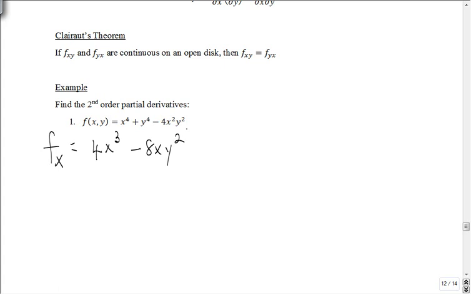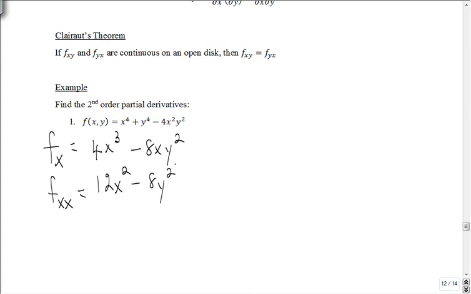Now let's deal with this. Let's now find fxx. That means we are partially differentiating fx with respect to x. Can another person give me that, please? Very good.